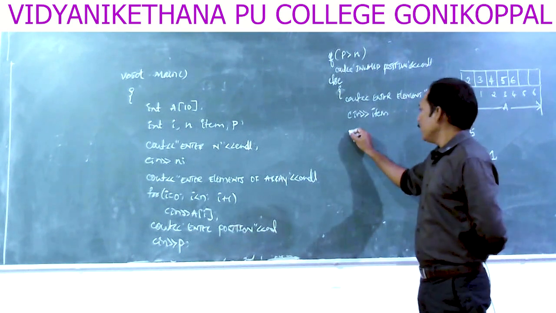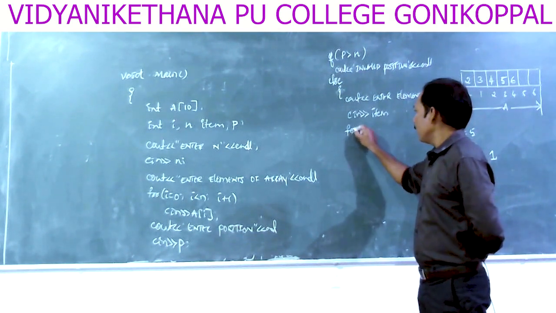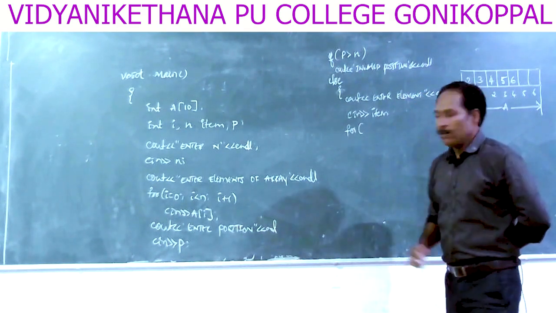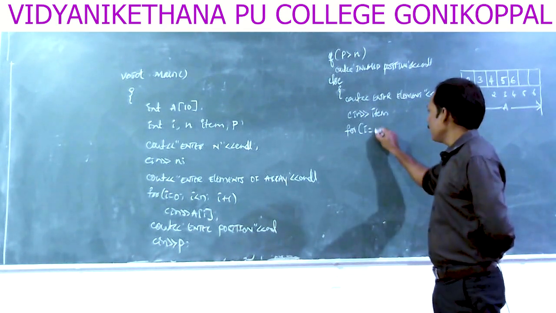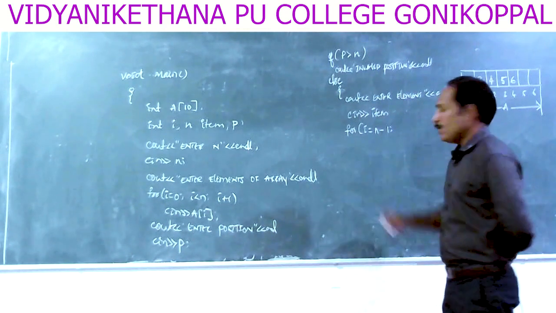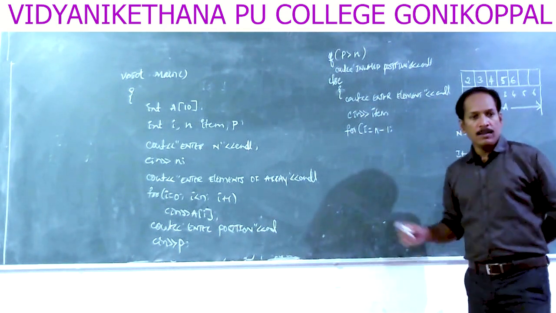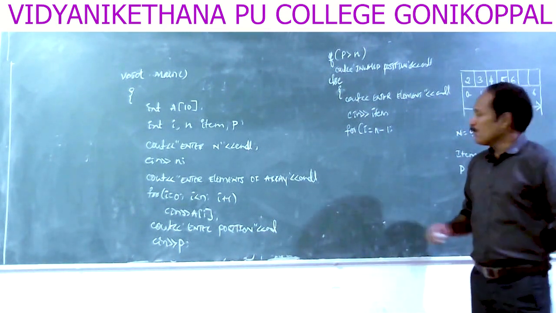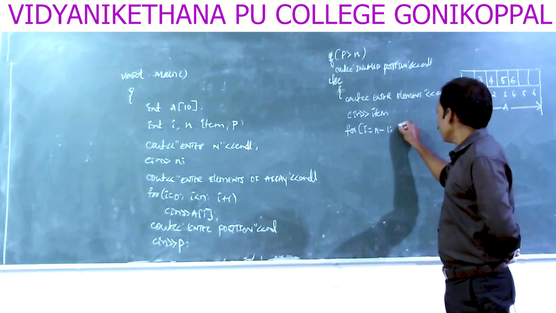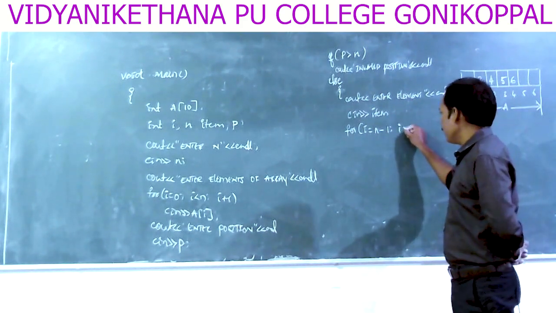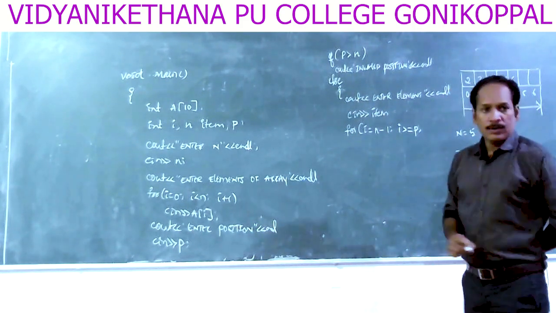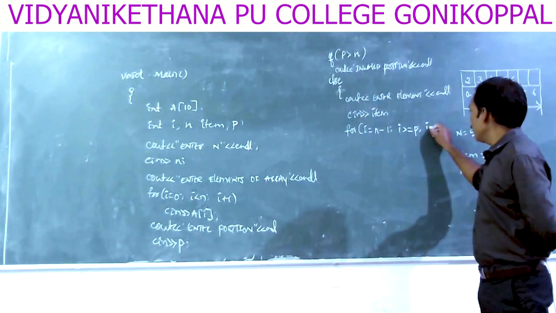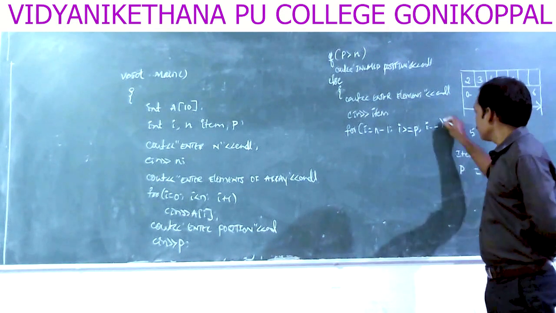Then as usual, start from the algorithm. We have to write for i equals n minus 1. Normally we write i equals 0, but here we have to start with i equals n minus 1. Here i is greater than or equal to P, the position, and each time decrease, i minus minus.